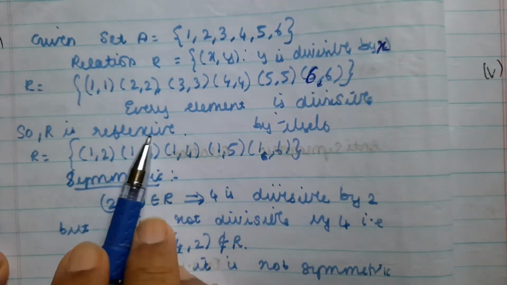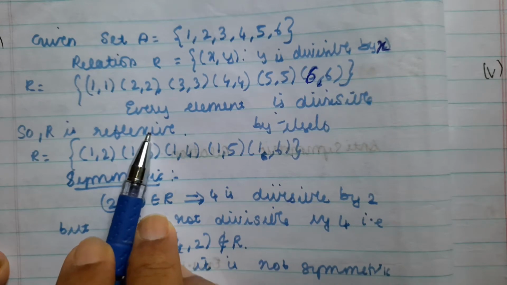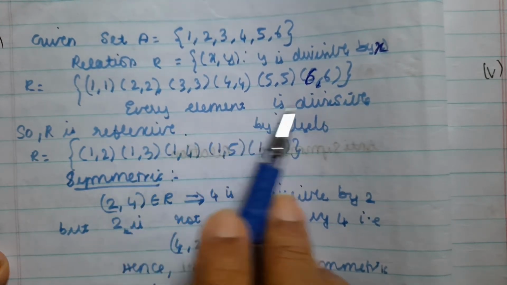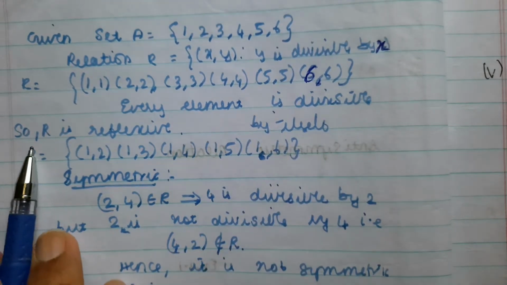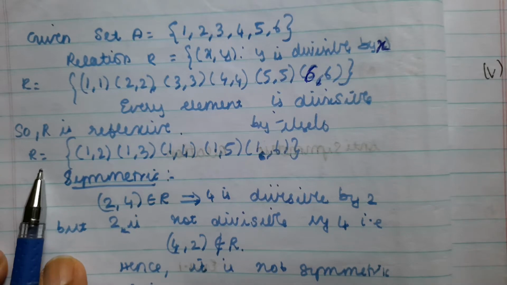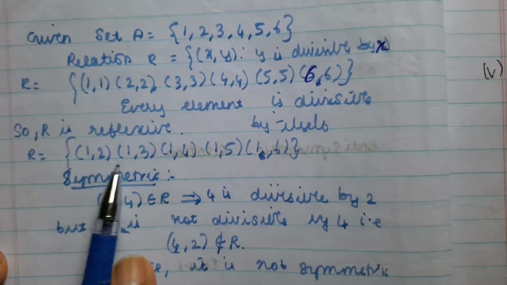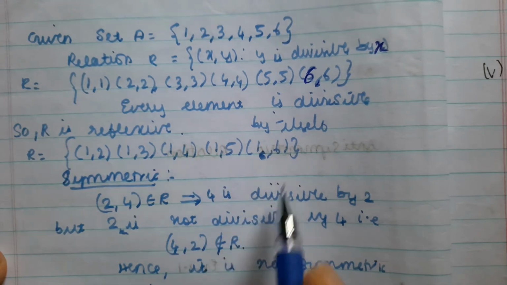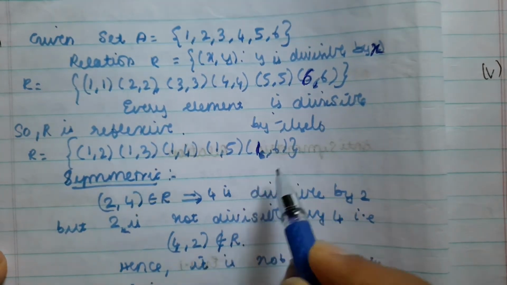So, R is reflexive. So, first condition satisfied. Next, second one, R equal to (1, 2), (1, 3), (1, 4), (1, 5), (1, 6). So we are writing like this.